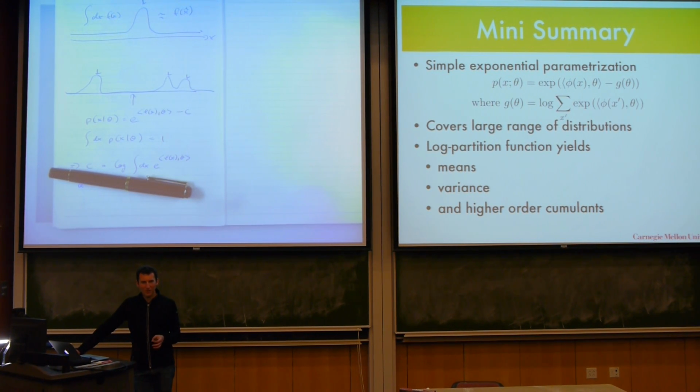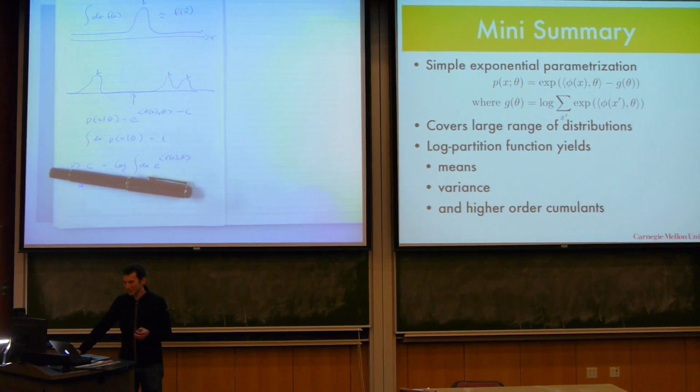So make your life easy by at least checking whether one of those things fits. So what I basically showed you so far is, we have this exponential parameterization, which covers a large range of distributions, and then the log partition function gives us means, variance, and so on. And yes, you should probably be able to compute that derivation at some point.